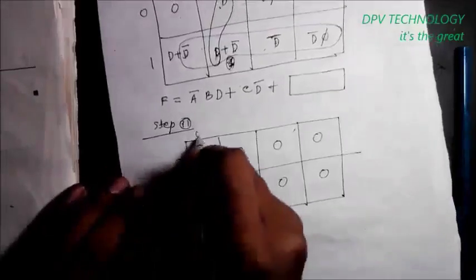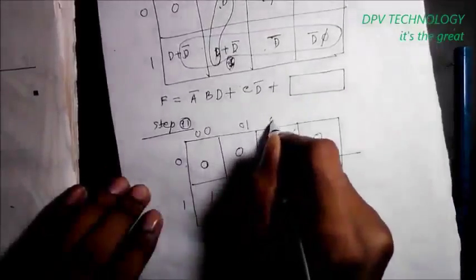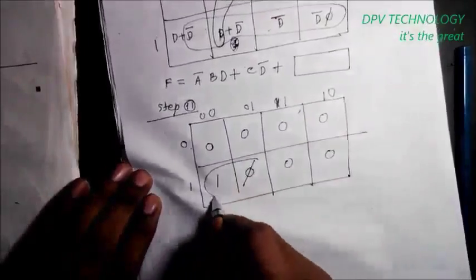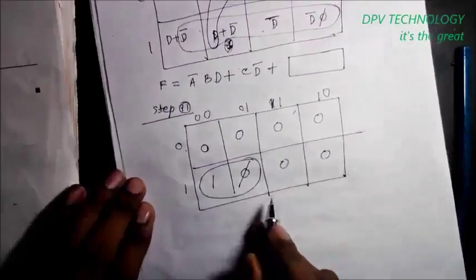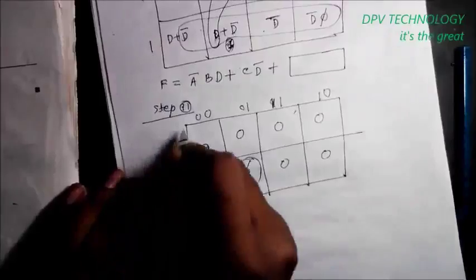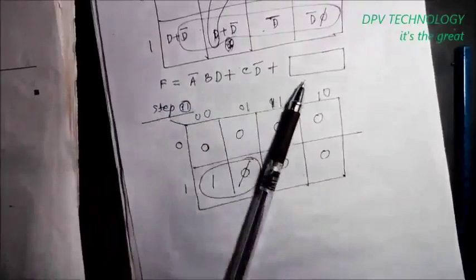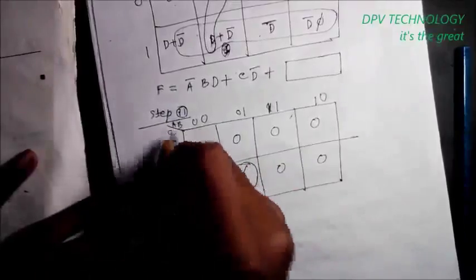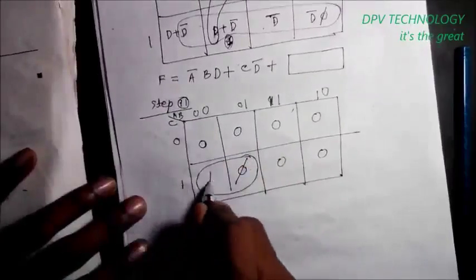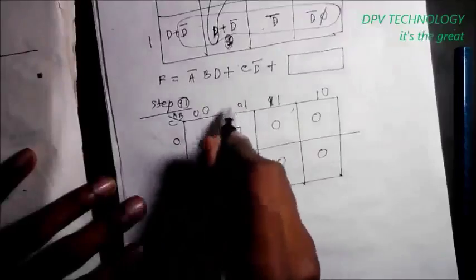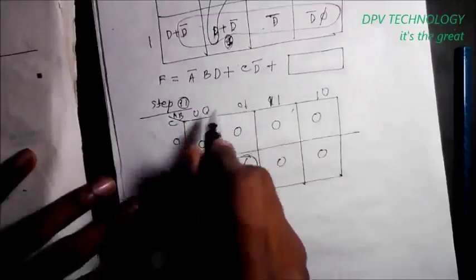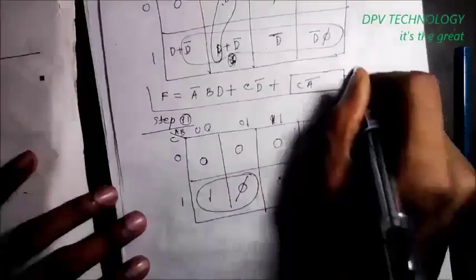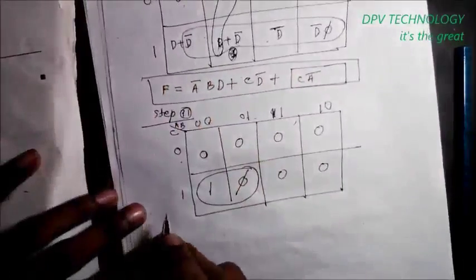Now in step 2 you have to group this one again. This is the only possibility we covered. So here it will be, this is A, B, C, so it will be C, and this is sending, so A is not sending, so C A bar. So this is the complete answer for this.